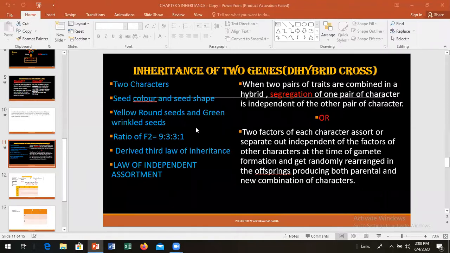That means the color of seeds will never influence the shape of seed, or the shape of seed will never influence the color of seed. That was what he confirmed.